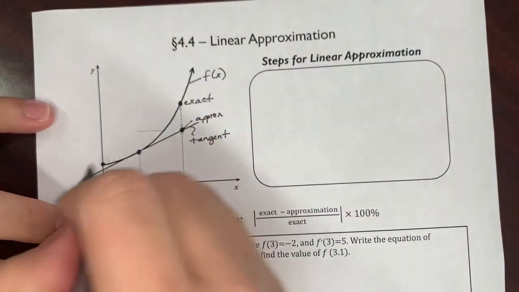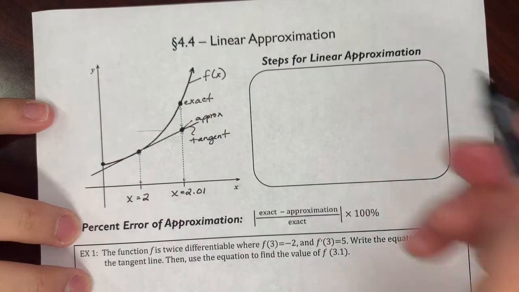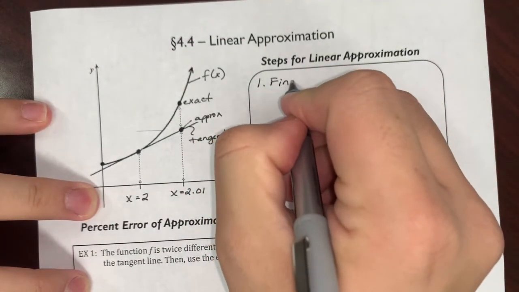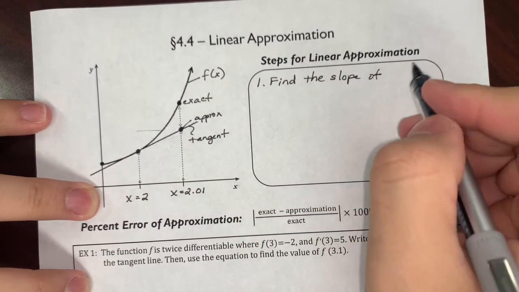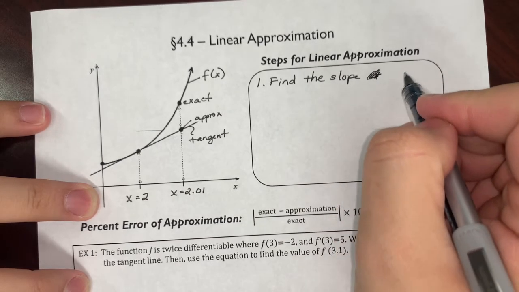All right, so the main thing we've got to do is figure out what our tangent line is. So the first thing is to find the slope using the derivative.